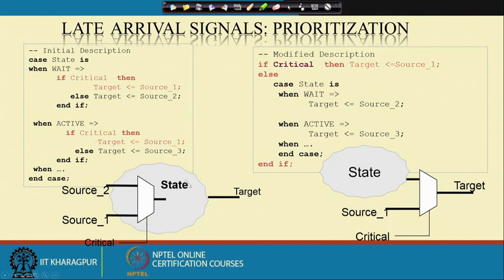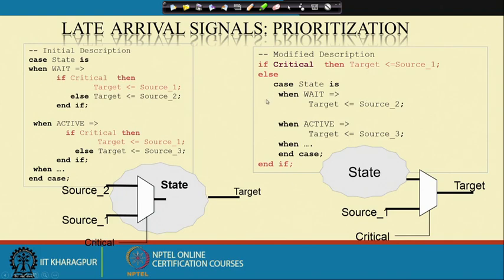Now this will be the corresponding circuit implementation for this particular logic. Okay. So, in the critical condition, either it has to select source 1 or source 2 for the wet state, or in the critical case in active state, source 1, and otherwise source 3.